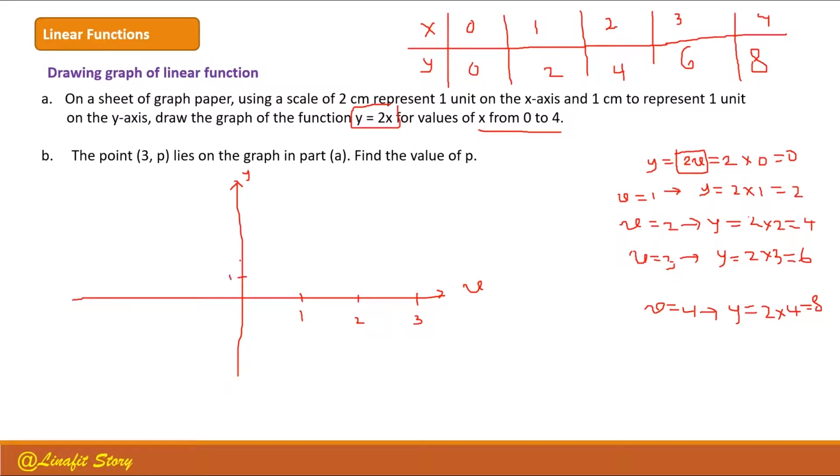So this is 1, 2, 3, 4, and so on. And after that, here, 0, 0, 1, 2, 2, 4, then 3, 6.